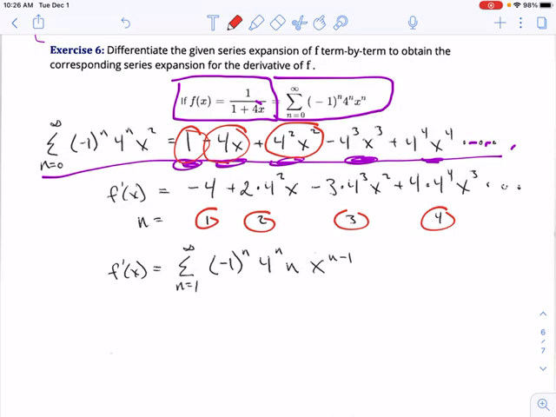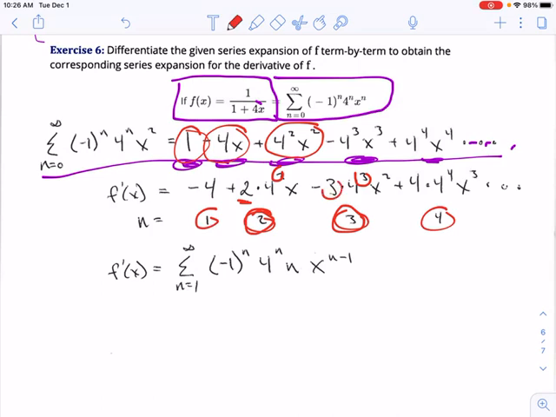Sometimes it's arbitrary. You have to start with whatever value of n is going to make this a little bit easier, quite frankly. So it works out real nice if I let the n value agree with the power up here, and also agrees with this number out here. n equals 3 agrees with the power of 4.